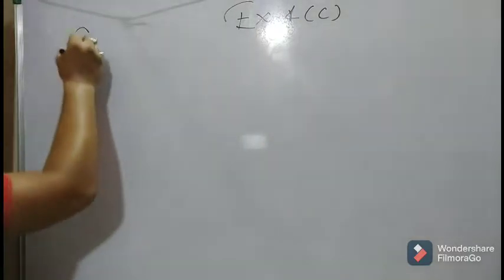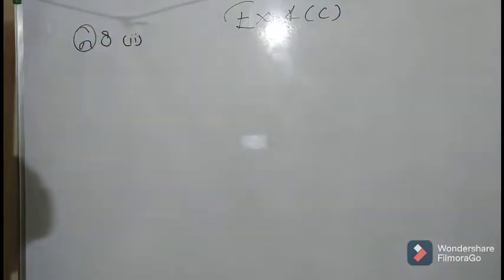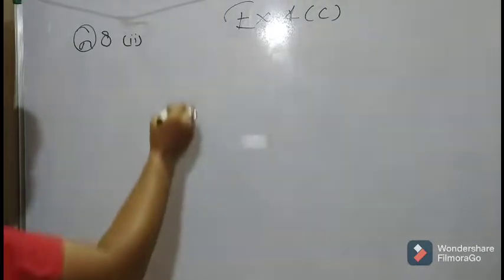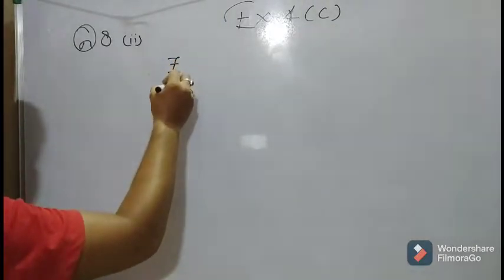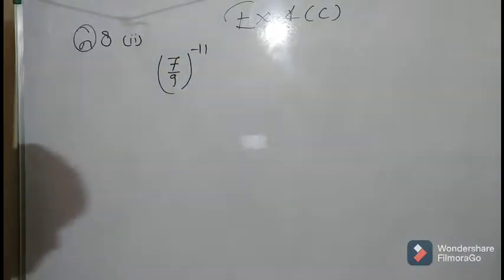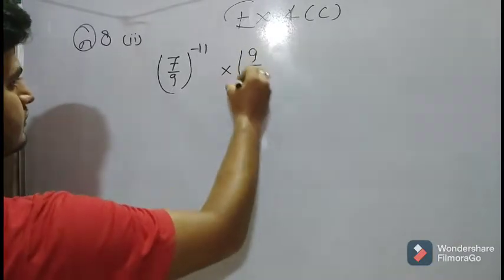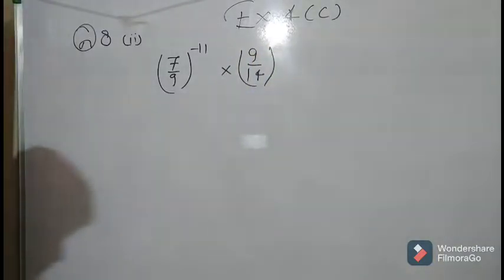Let's see question number 8, second part. It is saying (7 by 9) raised to the power minus 11 multiplied by (9 upon 14) raised to the power minus 9.